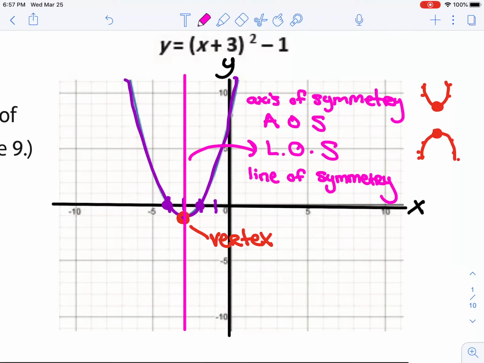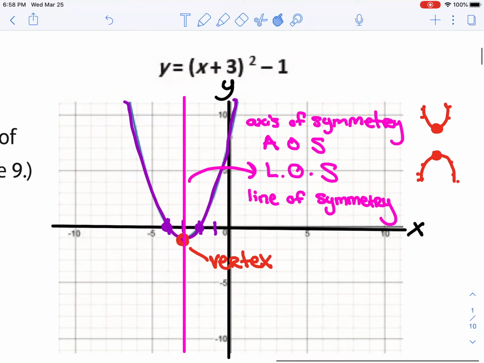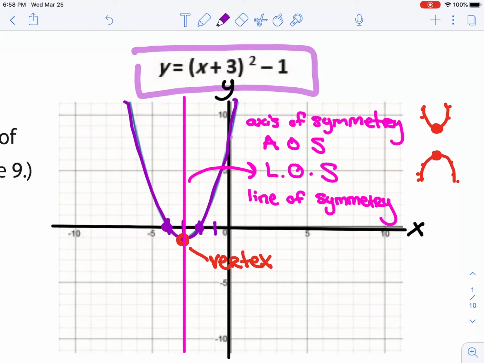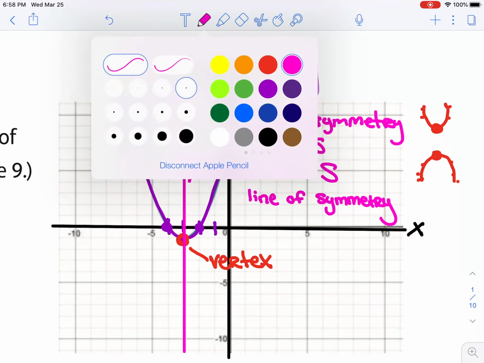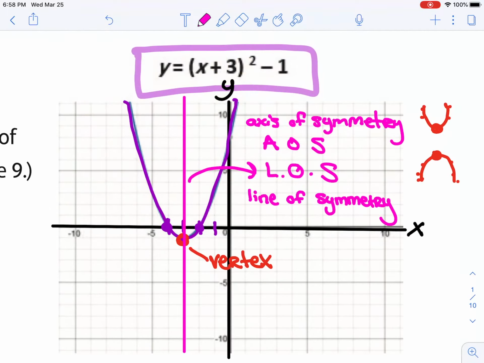So those are the two things we're going to focus on today: the line of symmetry and the vertex. Right now, we should be able to see those things in an equation. So this is the equation for my U shape, and this equation tells me my line of symmetry.